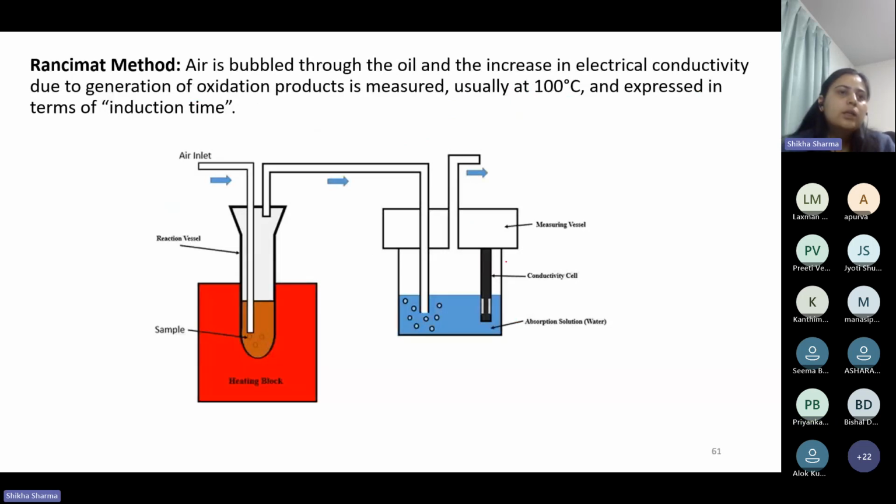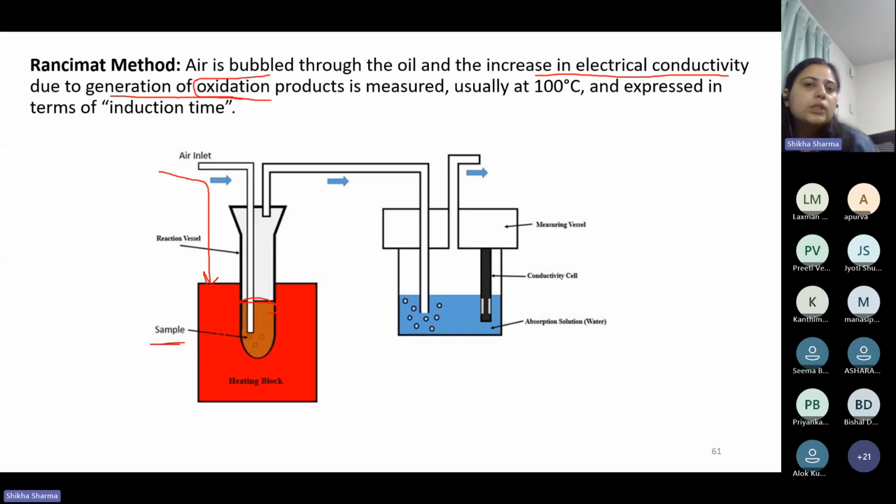And last is the Rancimat method, in which air is bubbled through the oil. So in this we have oil and air, we put air in this sample where the oil is. Bubbles form, and based on that there is an increase in the electrical conductivity of the sample. The oil reacts with the air, so there will be oxidation.